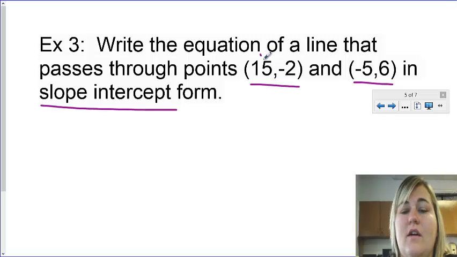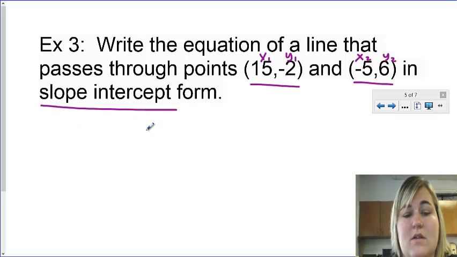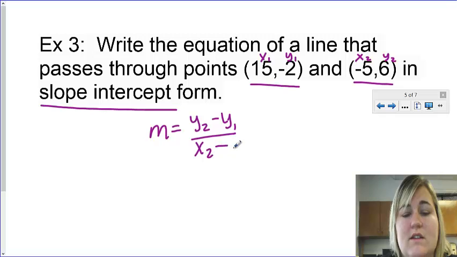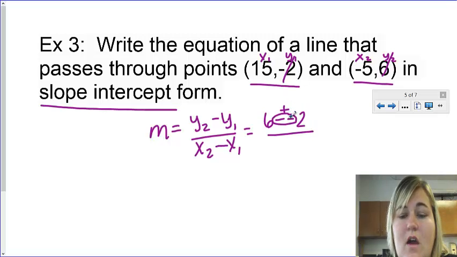I have (x1, y1) and (x2, y2). And I'm going to start both ways by finding the slope. m equals y2 minus y1 over x2 minus x1. So when I plug that in, my y2 is 6 minus my y1 is -2, which is going to give me a positive, over my x2, which is -5, minus x1, which is 15.